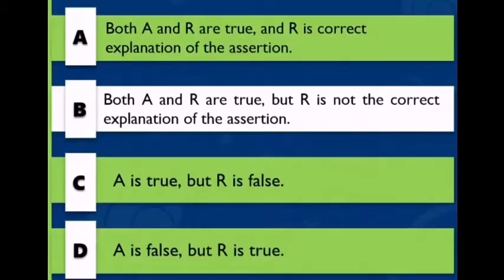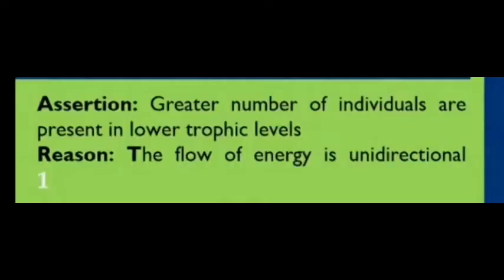But the reason given here is not the correct explanation for this assertion. So you can choose the option B as the answer because here the statement for assertion and the statement for reason are true statements. But the reason given for the assertion is not the correct explanation for that assertion.